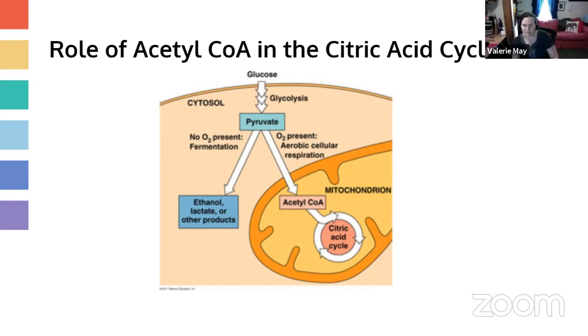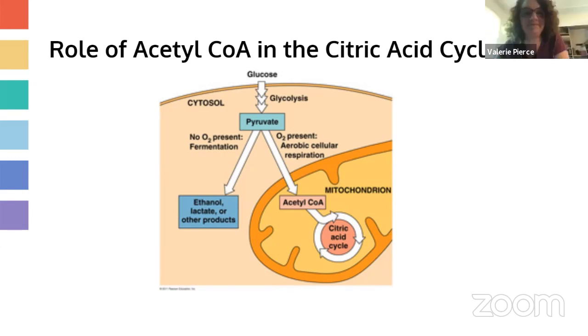You do not need to know the steps of the citric acid cycle. So please do not spend time memorizing those steps or any of the enzymes. It is important to understand that there is a small amount of ATP production in the citric acid cycle, but the major benefit of the citric acid cycle is the movement of electrons onto the electron carriers, so that those electrons can be brought to the electron transport chain.